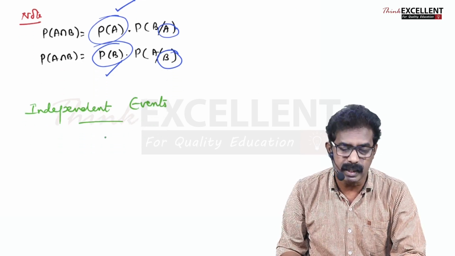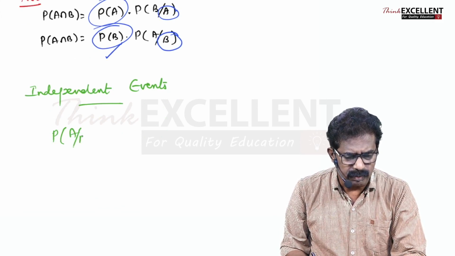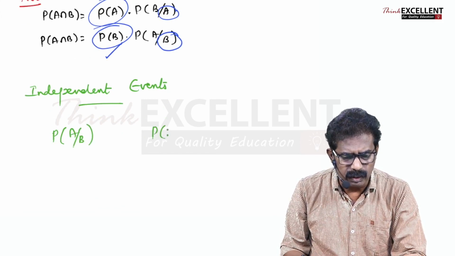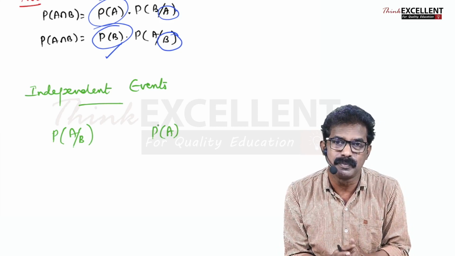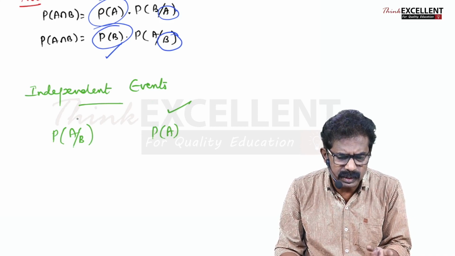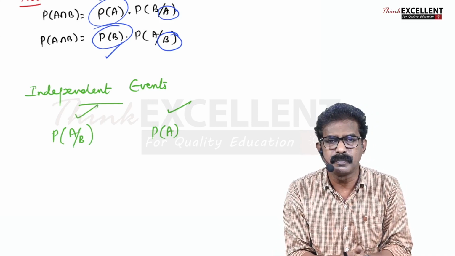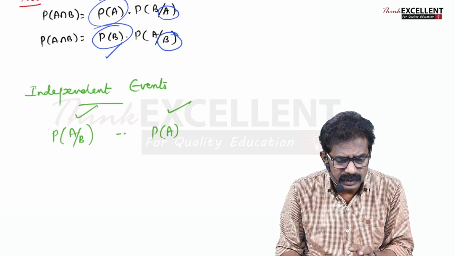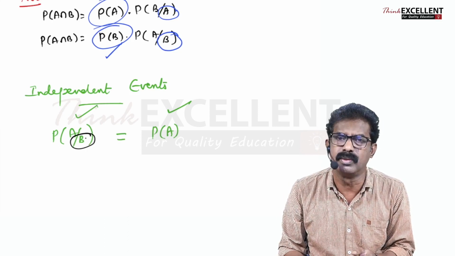But here, independent. Two events are independent means, listen, P of A given B you are finding, you find P of A. What is the difference? In both the cases you are finding P of A only. Here you are finding P of A, there is no condition, but here there is a condition. Under that condition you are finding P of A. Suppose both the answers are same, then this condition is ineffective.